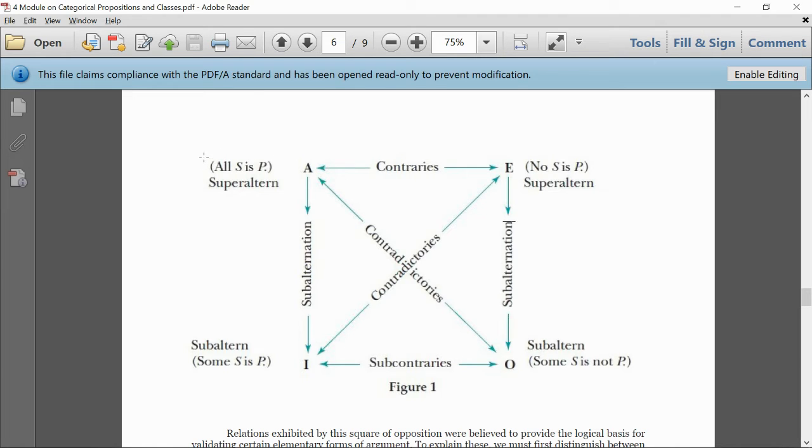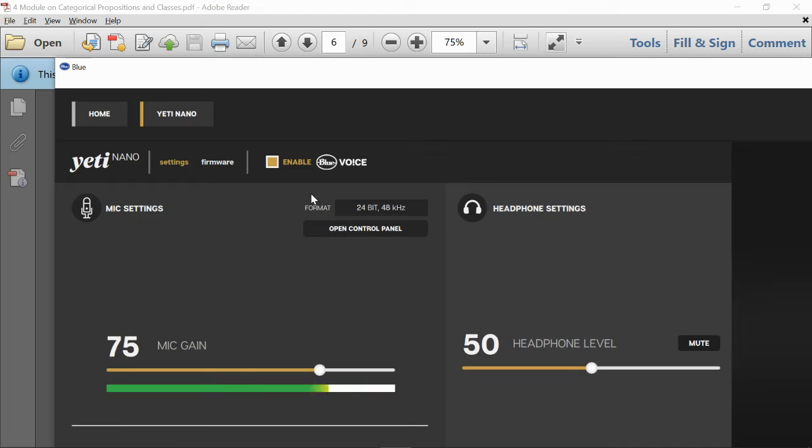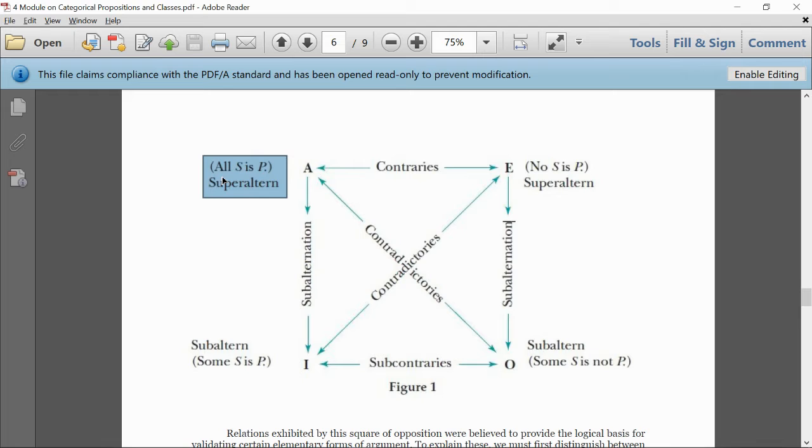Precisely because you're already identifying that all members of the class of S are included in the predicate class, while its opposite, the proposition O, would indicate that only some members, part of the group of the class of the subject term, are excluded from the predicate class.